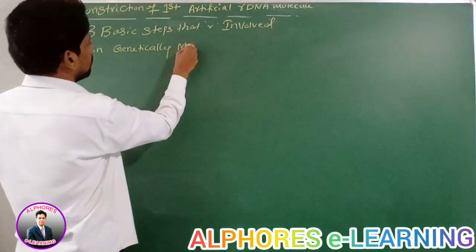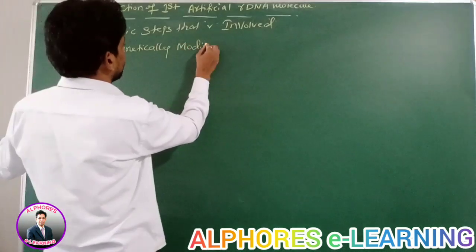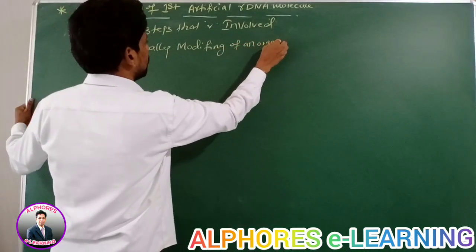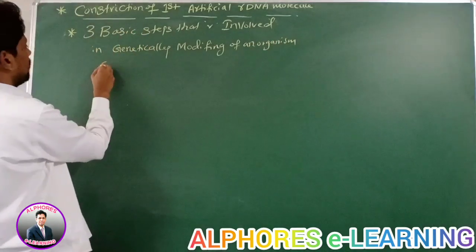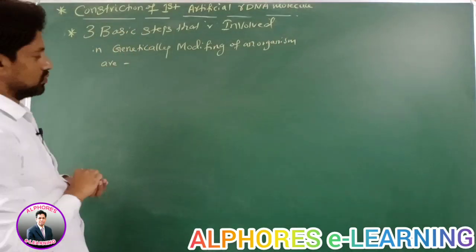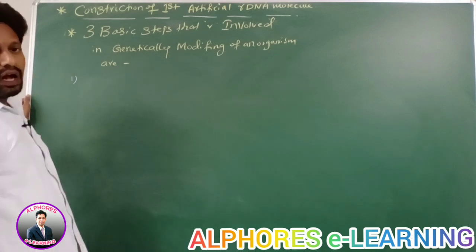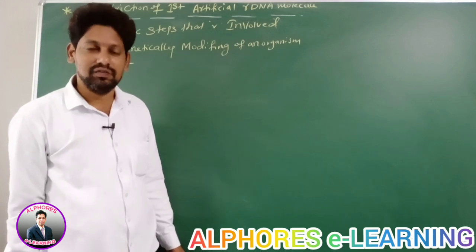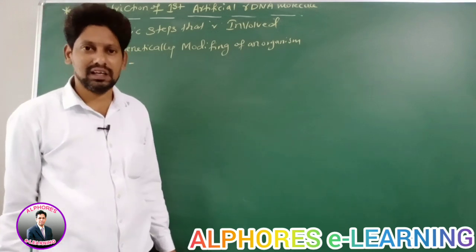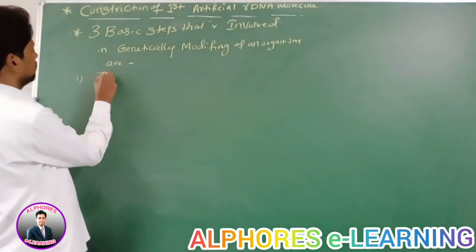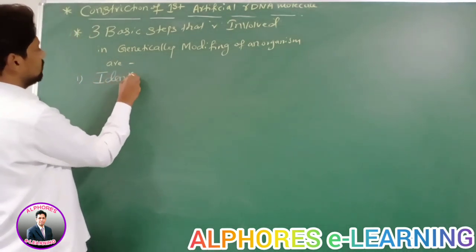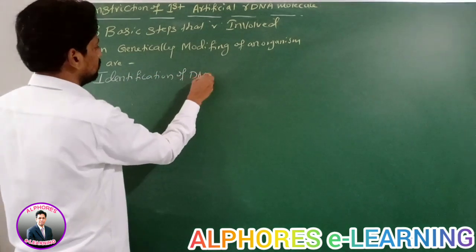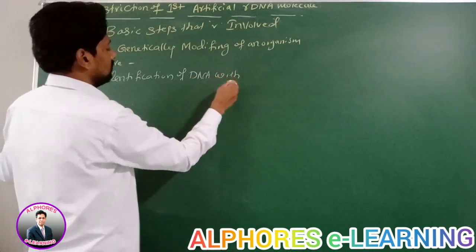Number 1, first one: identifying the DNA with the desired gene. Therefore, identification of DNA with desired gene.